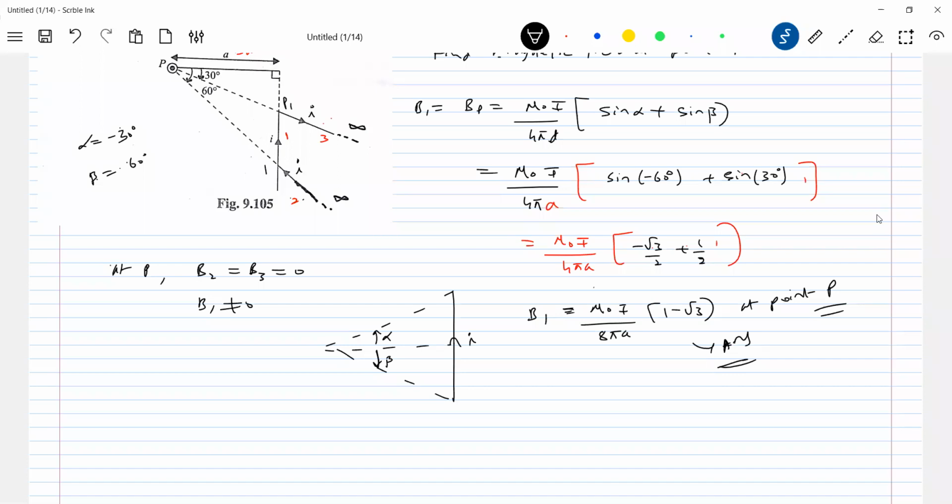We'll do one thing, P1, P2 if I write it. Alpha will become minus 30. Alpha will be minus 30, beta will be 60. Minus 1 by 2, root 3 by 2. So root 3 minus 1 will come.